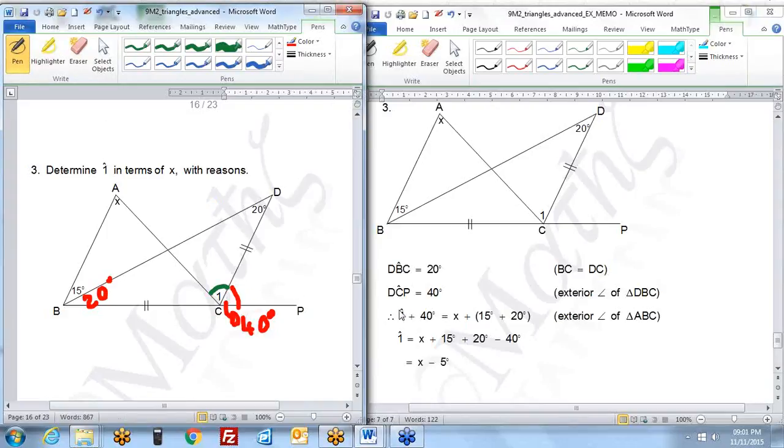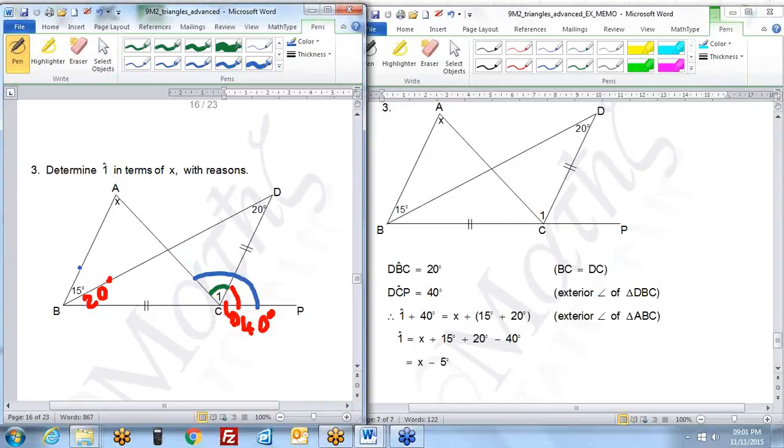when we say that angle 1 plus 40, in other words, both of these angles, angle 1 plus 40 equals angle X plus 15 plus 20. Because this angle over here in blue is now the exterior angle of triangle ABC.